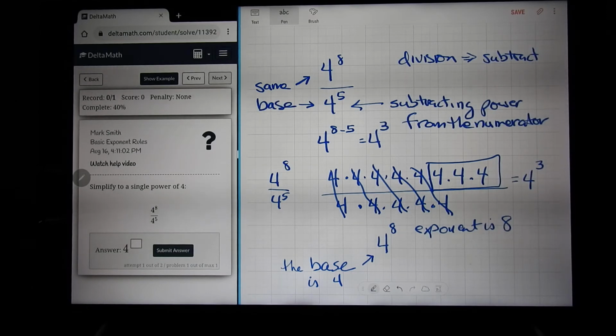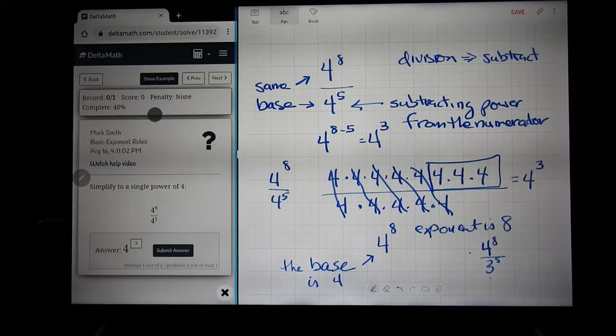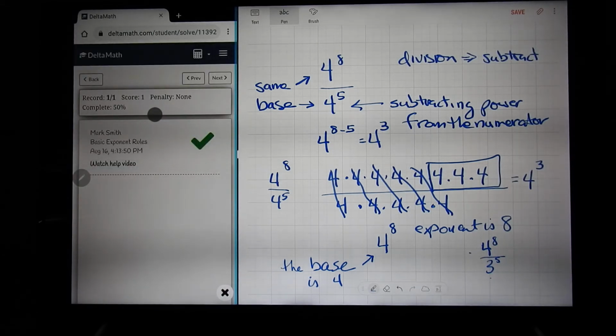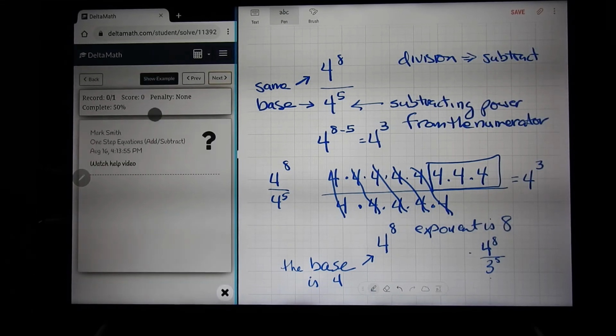So we couldn't take 4 to the 8th and 3 to the 5th and subtract that. With a different base, we couldn't do what we just did. Back over here, we get a 3 and submit our answer. Yes, 4 to the 3rd is our answer. And we'll go on to our next problem.